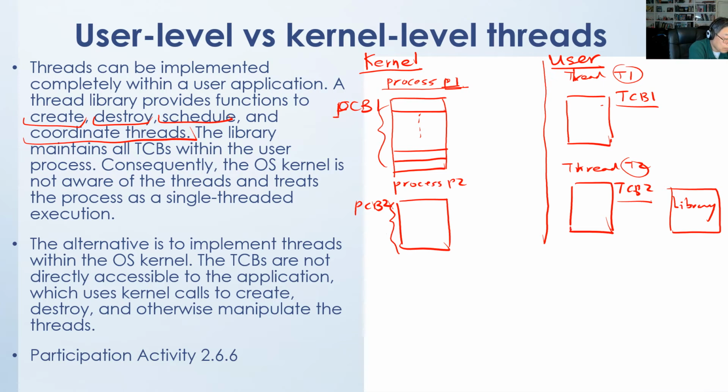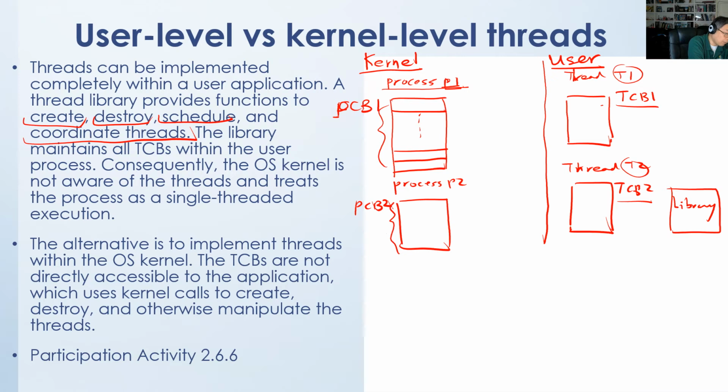When the user wants to support time sharing, for example multi-threading using time sharing, that means you want to support time sharing between these two threads. You want to use the CPU to execute thread 1, then switch to thread 2, and then switch back to thread 1.